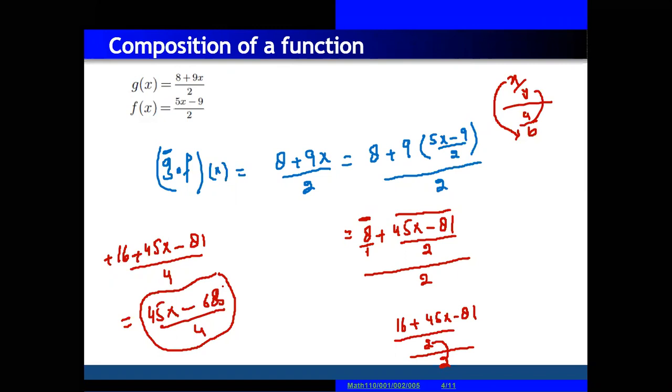This is an example of composition. If you can simplify, simplify. If not, this is the final answer for the composition of two functions.